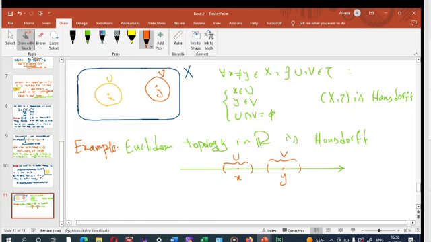For example, you can consider epsilon equal to (y minus x) divided by 3, okay?